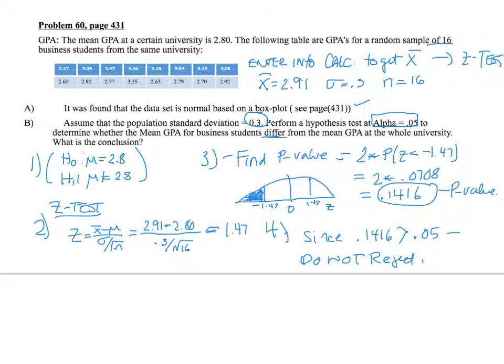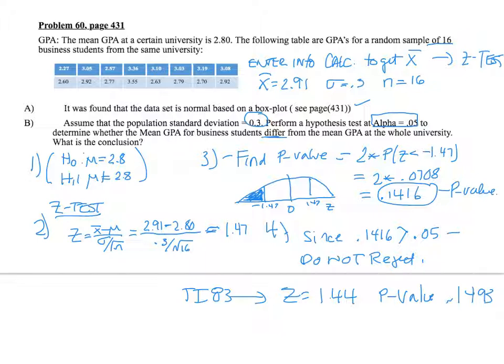I want to just go over a little bit. The Z-test will have a slightly different p-value. The information I got on the TI-83, I got a Z value equal to 1.44, and the p-value was 0.1493.